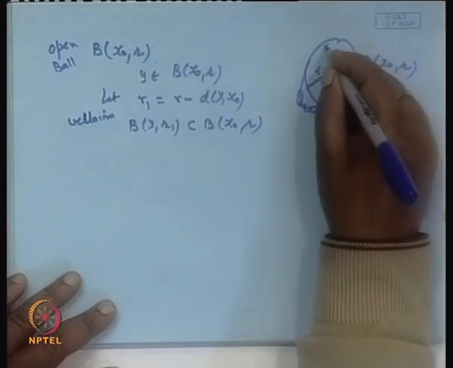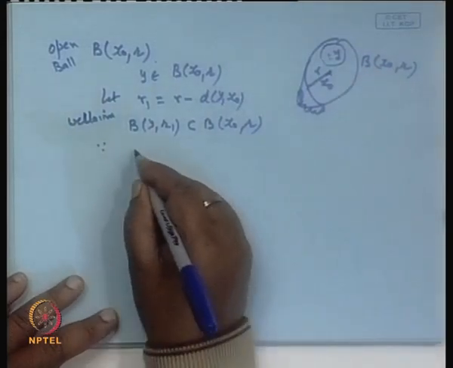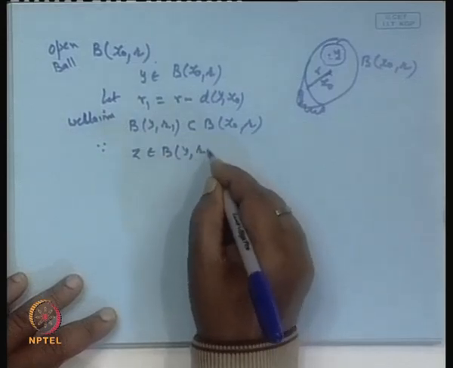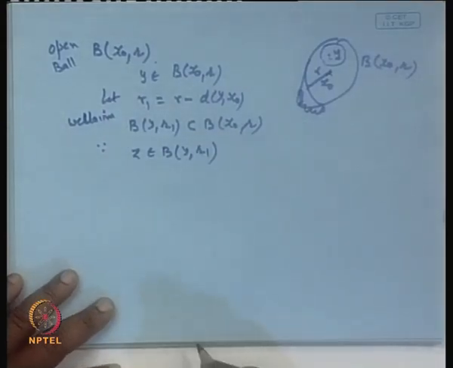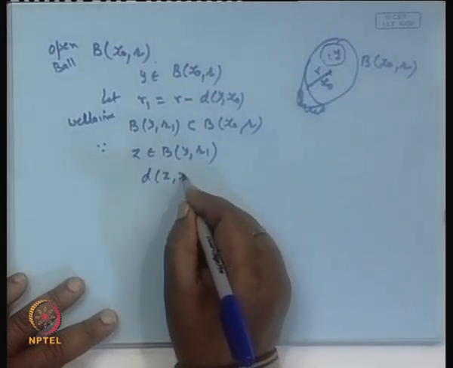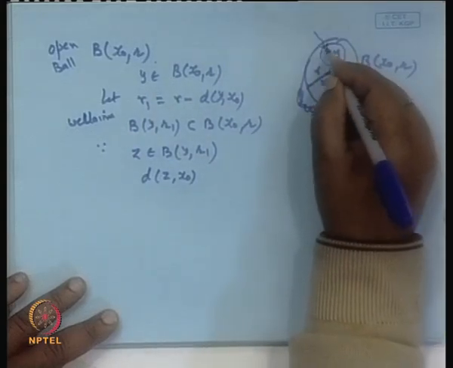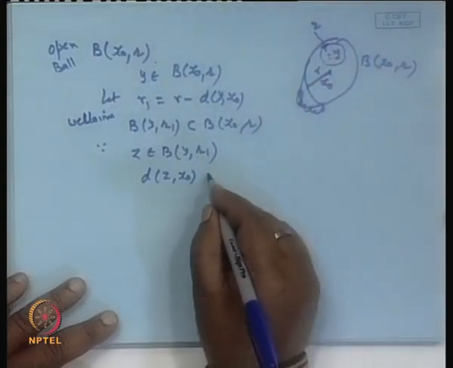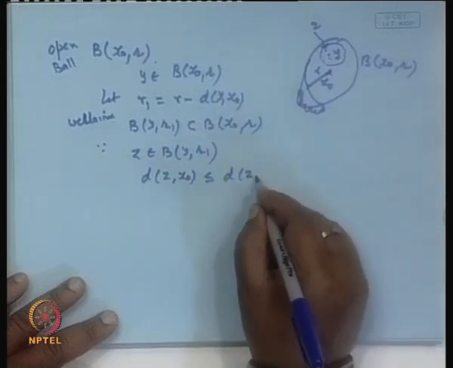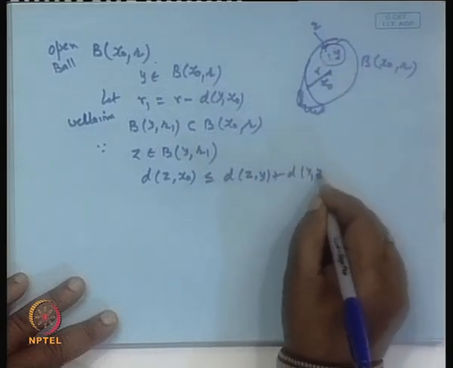Why? Because if we take any arbitrary point z belonging to B(y, r 1), then what is its distance from x naught? Let this be the point z. This distance d(z, x naught) will be less than or equal to d(z, y) plus d(y, x naught).